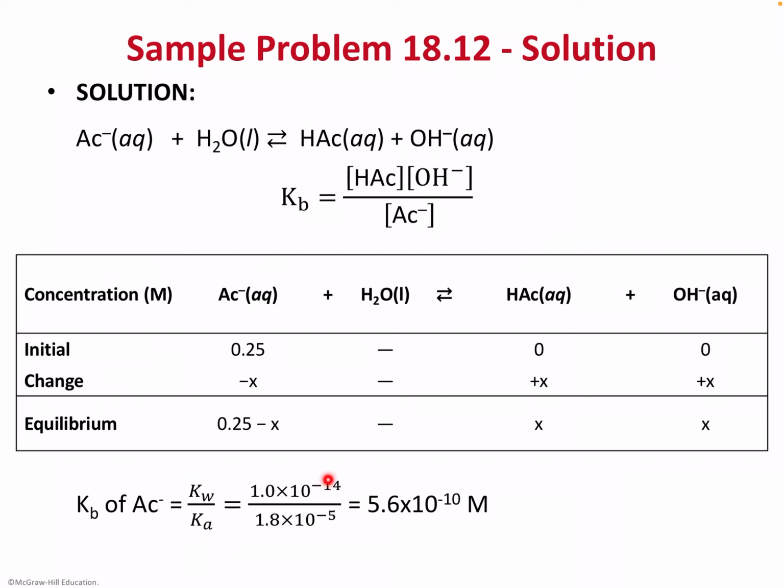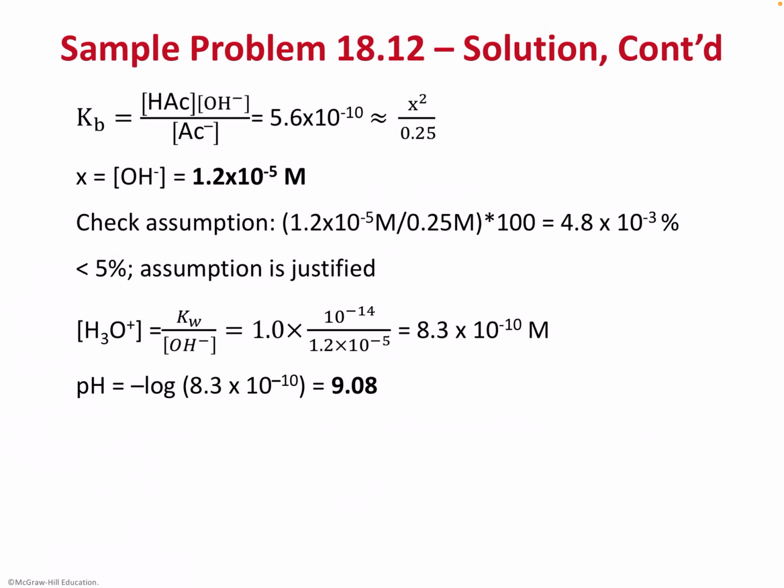Kw is 1 times 10 to the negative 14. Ka of acetic acid is given to us, 1.8 times 10 to the negative 5. So we can plug this number in for Kb. And we don't know these two, and 0.25 minus X can be considered as 0.25 as our assumption.